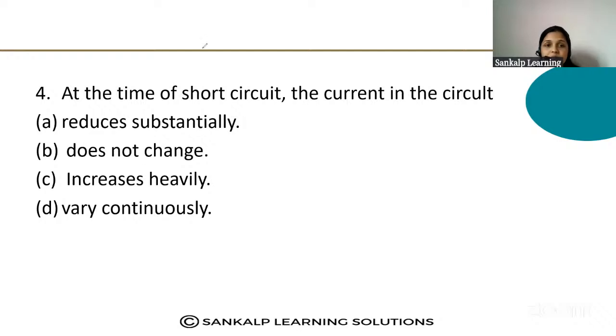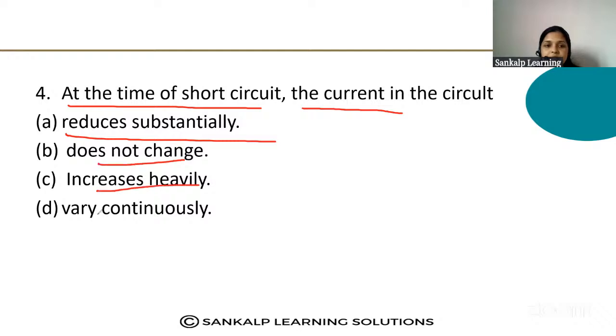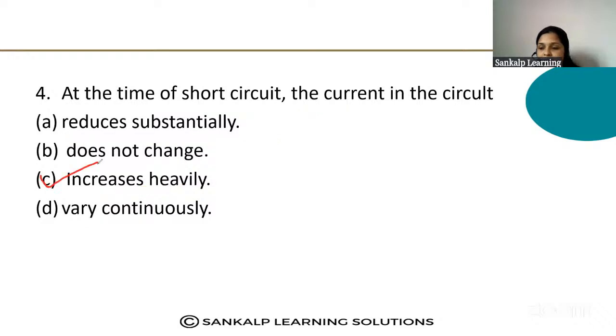These all may cause a short circuit. Here, the correct answer is increases heavily. Option C is the correct answer, that is, increases heavily.